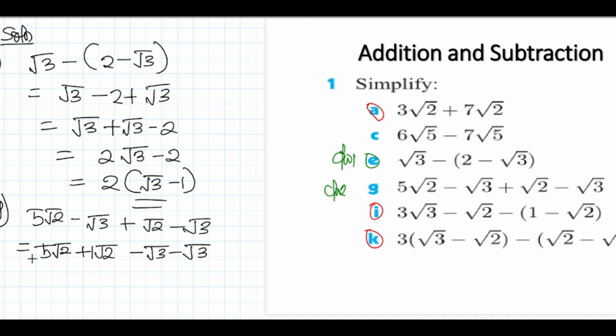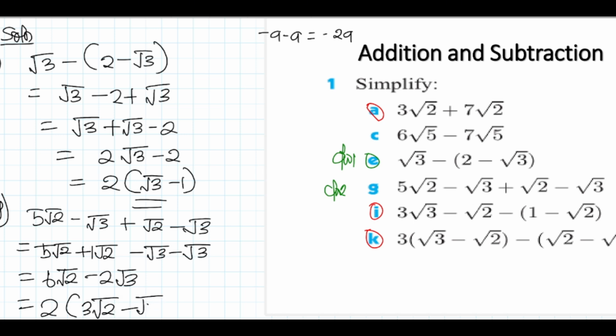Remember, this is just like 1. So if we add it together, we have 6 root 2, minus root 3 minus root 3. If you have minus a minus a, that is minus 2a, right? So this will be minus 2 root 3. And then what is common? 2 is common, so we can factor out 2 brackets 3 root 2 minus root 3.